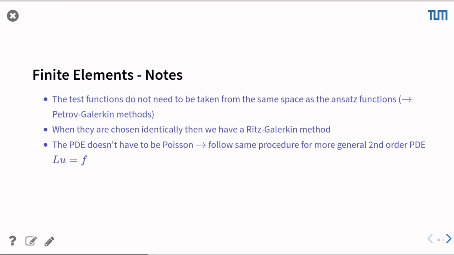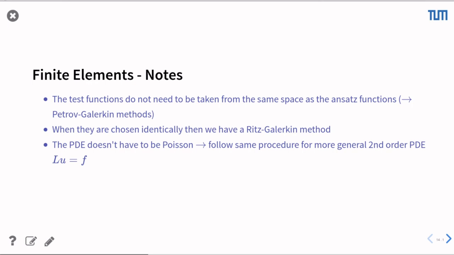So we can follow exactly the same procedure for more general second order PDEs, such as something in this form. Here you've got L, which is some arbitrary partial differential operator. And then you can always derive the weak form in exactly the way I showed you by doing partial integration.